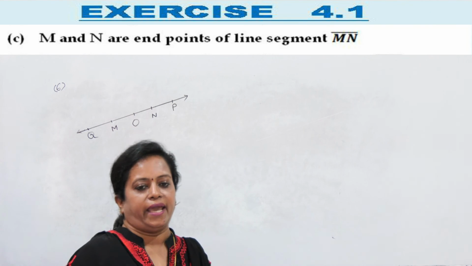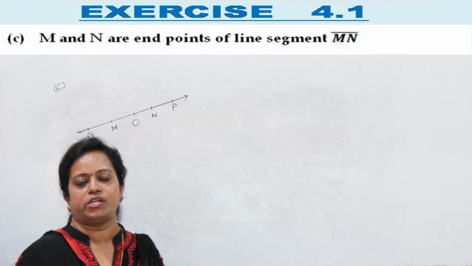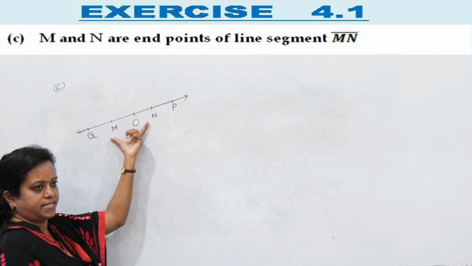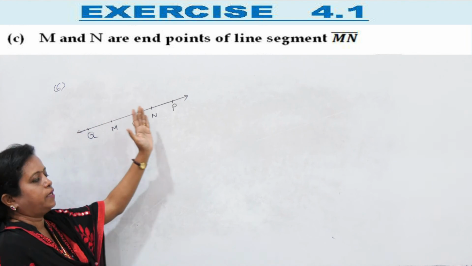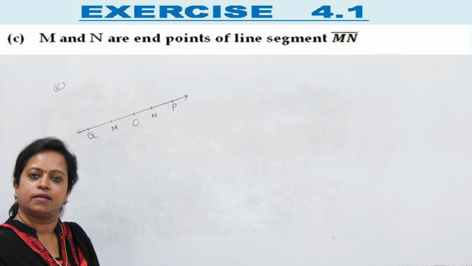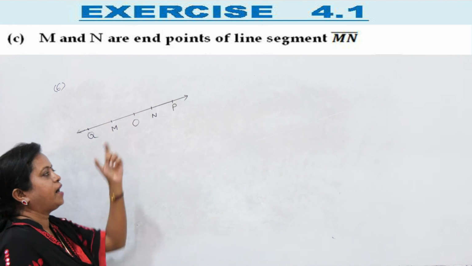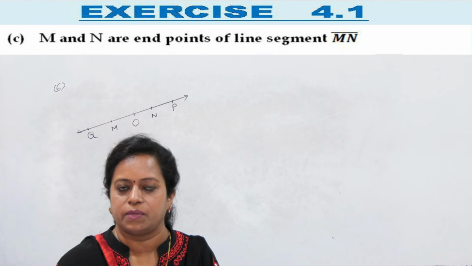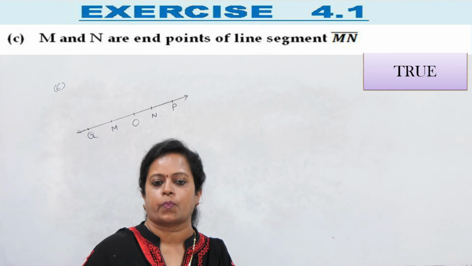Third statement, M and N are the endpoints of the line segment MN. MN is the line segment. They are asking whether the endpoints are M and N. Yes, M and N are the endpoints of the line segment MN. So statement C is also true.